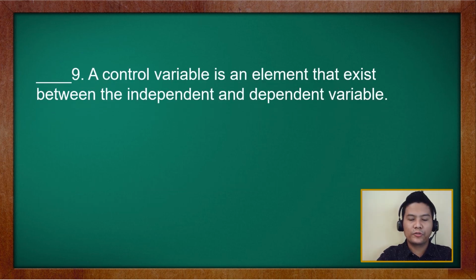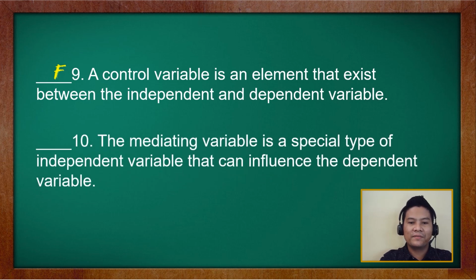Number 9. A control variable is an element that exists between the independent and dependent variable. The answer is false. Number 10. The mediating variable is a special type of independent variable that can influence the dependent variable. The answer is false.